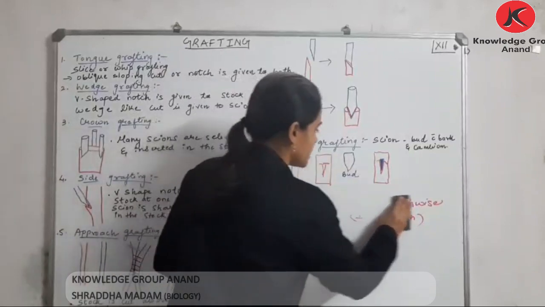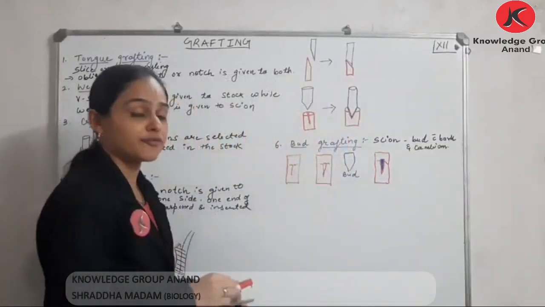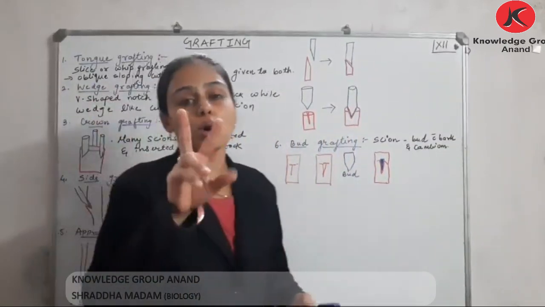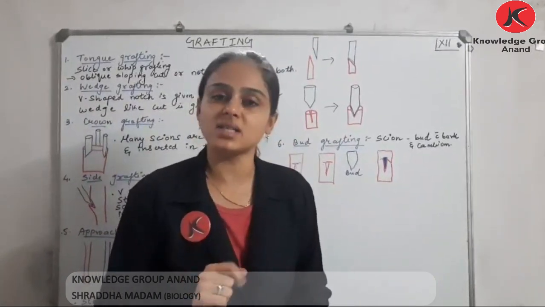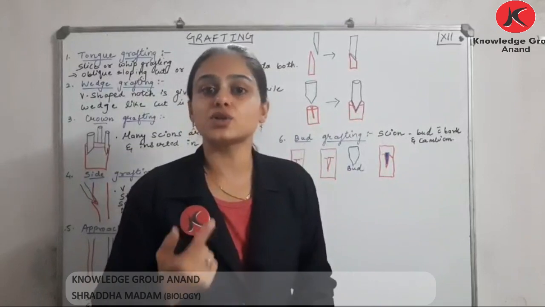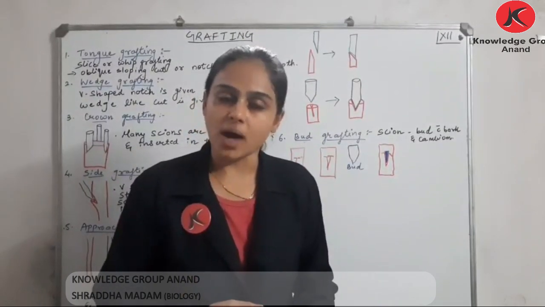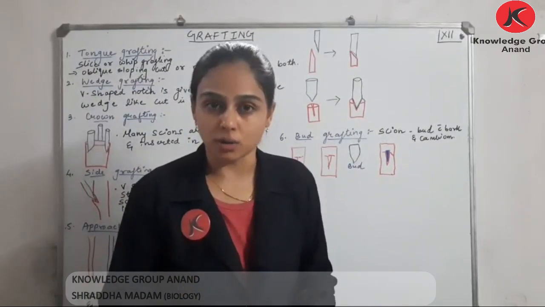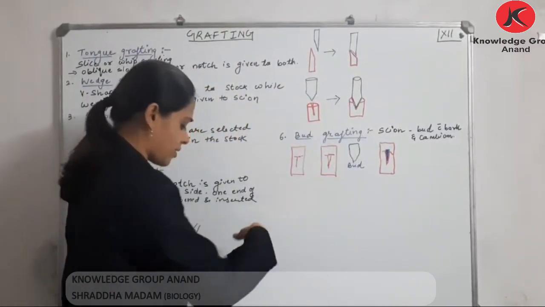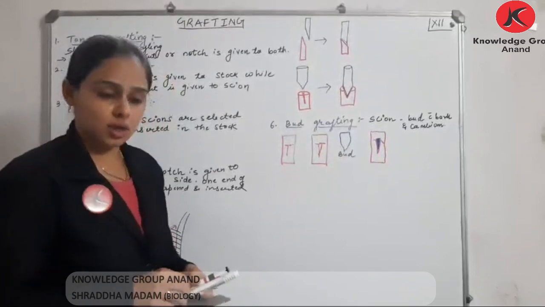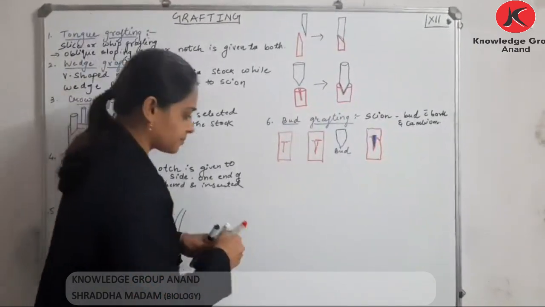Now if we are talking about grafting, you have to remember two parts, two names you have to memorize. Number one is called the stalk, and the second one is called the scion. If I am talking about the stalk, focus over here: this is the soil, let's say, and this is its root.